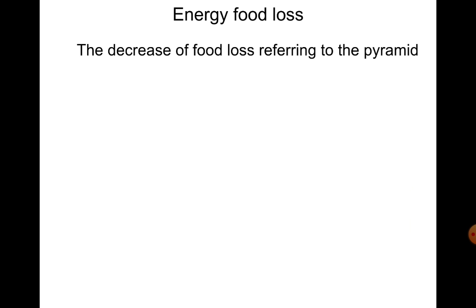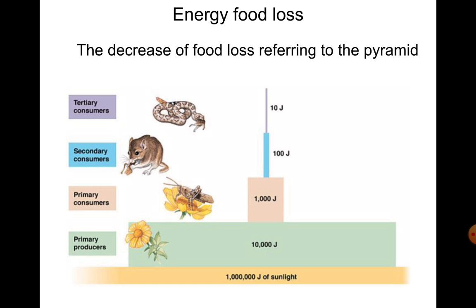Now, where is that food gone to? Where is it lost? Now, let's first look a little bit at what is happening. Again, here's a clear example of how much food is actually lost on the way to the top. We go, for example, from 1 million joules to 10,000 to 1,000 joules to 100 joules to 10 joules.